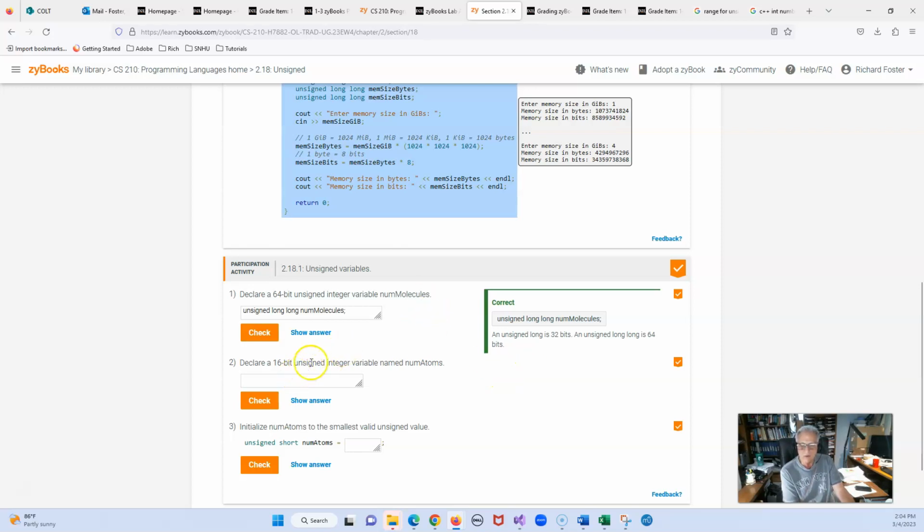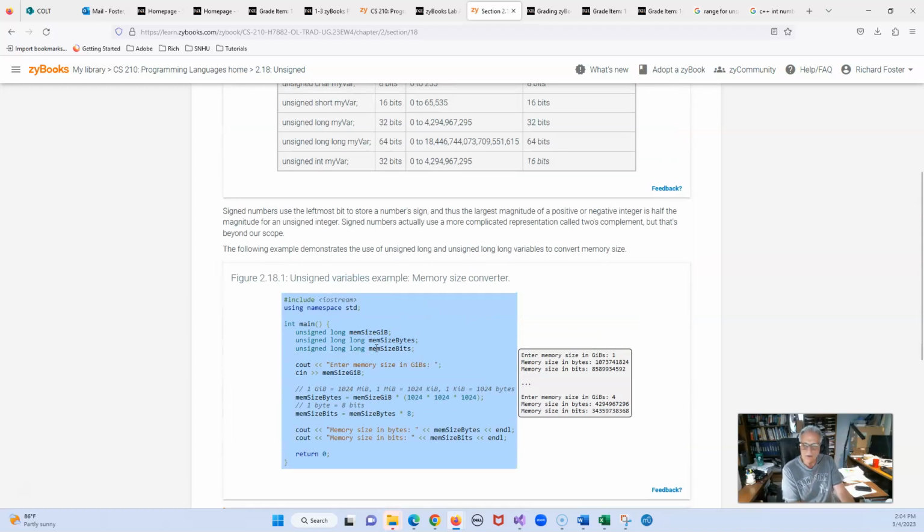So we want to declare a 16-bit unsigned integer named num atoms. So let's go. A 16-bit is 2 bytes in there. So we can try short. So let's try unsigned. And then I don't remember what it is, and you don't remember what it is. So that's no big deal.